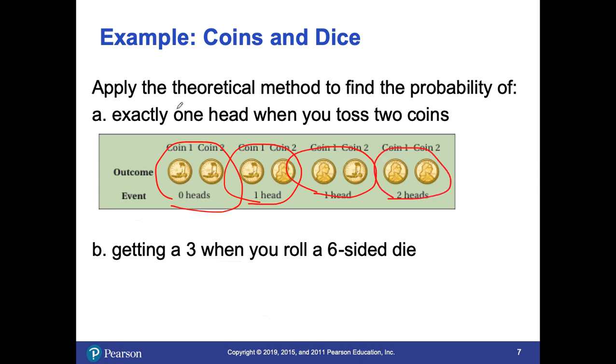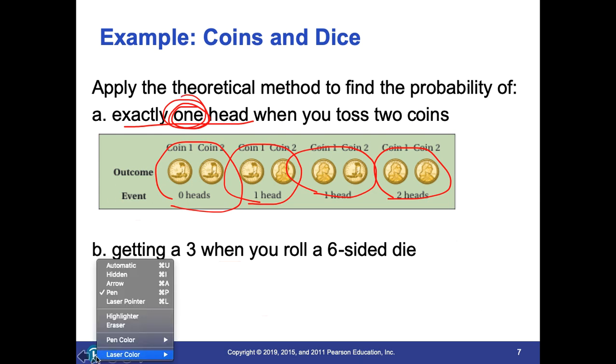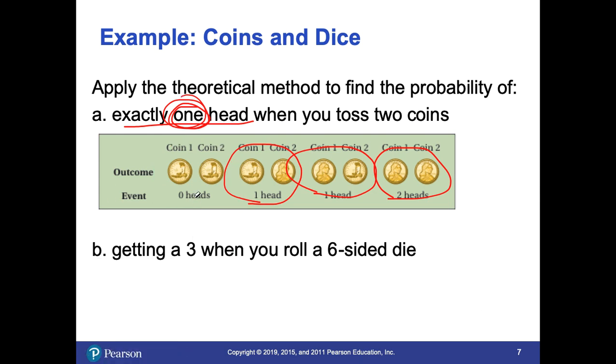And then there's also the possibility of getting both heads. Now the question is, find the probability that you find exactly one head. Let me circle the word one. Well, that's significant because the only two outcomes that have one head in them are these two middle ones. This one here, this one here. So what's that mean?